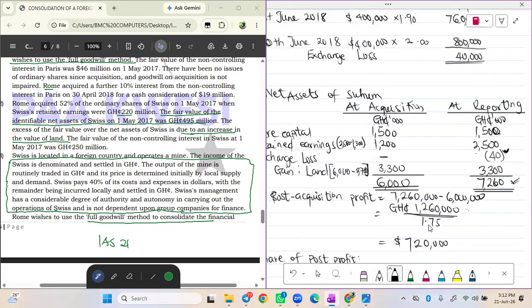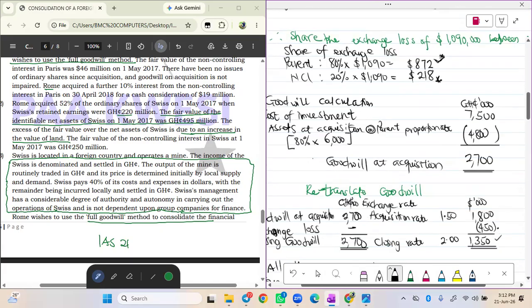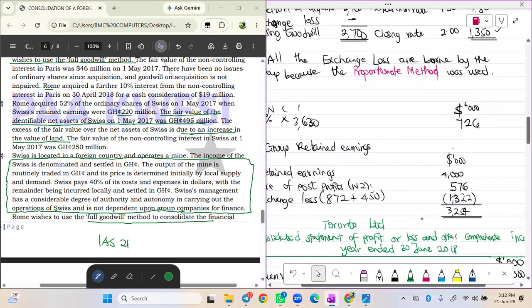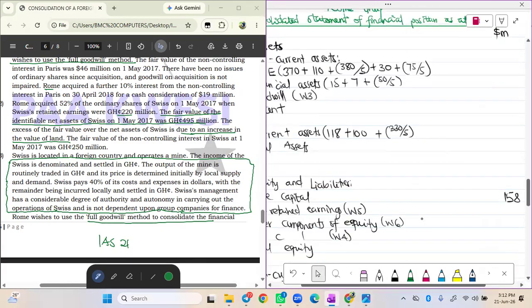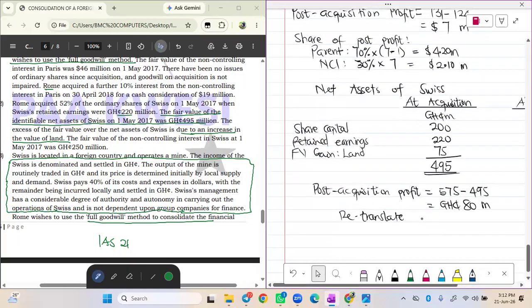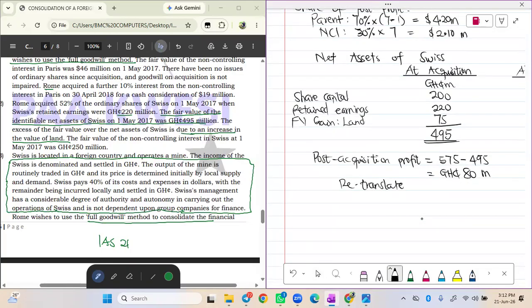We translated by dividing by 1.75 and we got 7,220, and we share the profit. The same thing must apply to this one. So we translate the profit. That one will be 80 million divided by the closing rate, and that will give us the amount in dollars. So what will be in dollars? When you get this, you now share it.